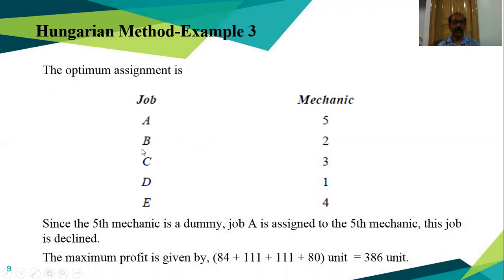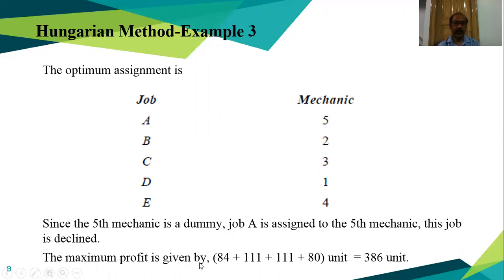B is assigned to machine 2. C is assigned to machine 3. D is assigned to machine 1. E is assigned to machine 4. Since the fifth machine is dummy, job A assigned to it is declined, as I already discussed.